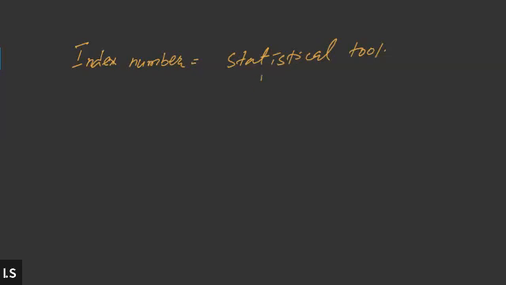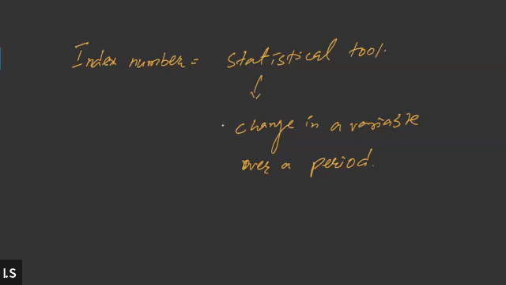This is used to find out the change in a variable over a period of time. So if you want to find out how a particular variable is changing over a period of time, you can use this tool which is called index number.